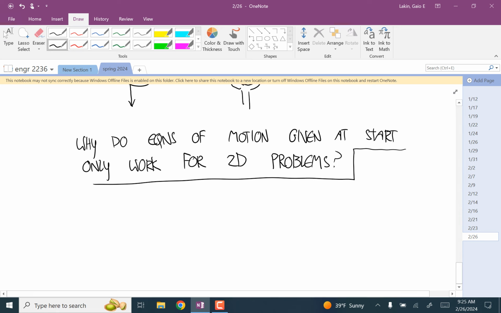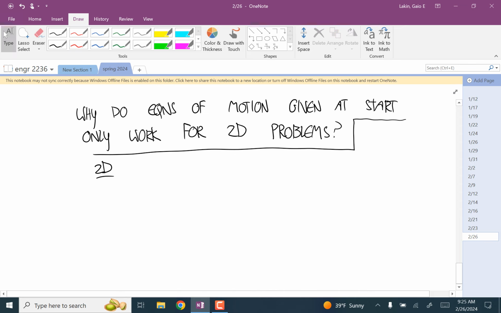Okay, so let's think of a case in 2D where a body starts in this orientation. Here's the coordinate system.